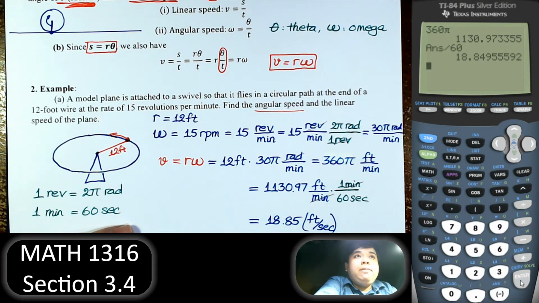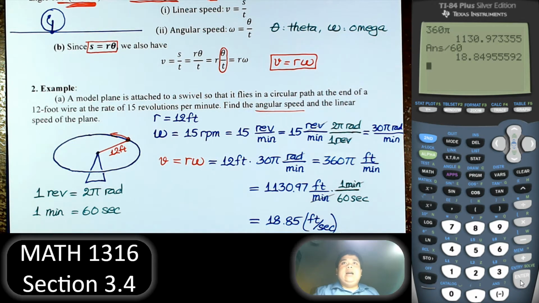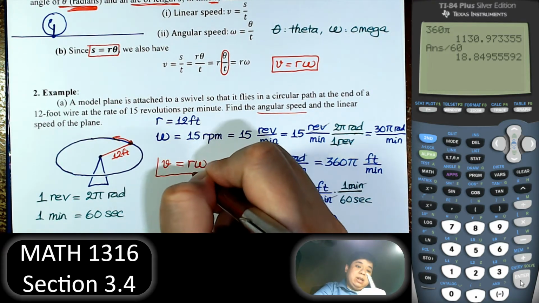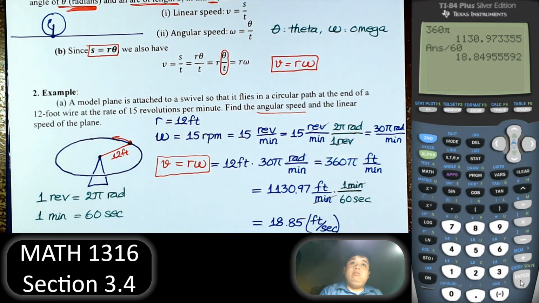Like I said, usually the unit will be meter per second or feet per second. It is more standard that way. So, like I said, in this section, we have angular speed and linear speed related by this formula, and that's all we have.